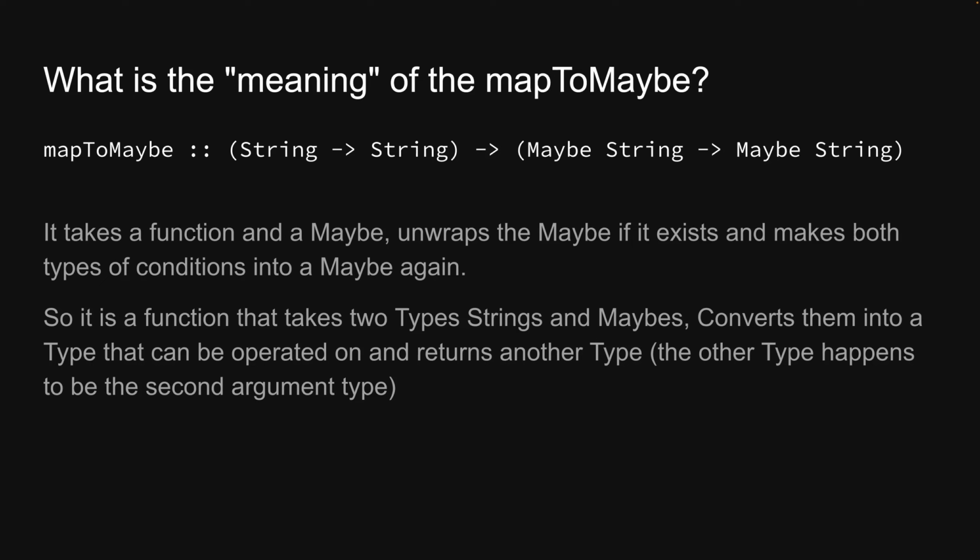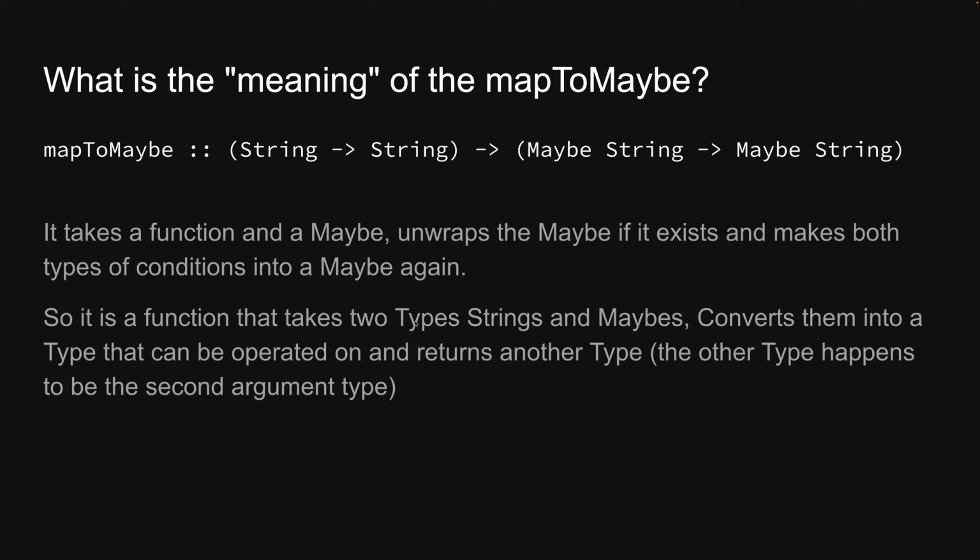It's a function that takes two types, strings and maybes, converts them into another type, which is just strings, but then returns the third type, which is actually the second type here, a maybe. So both the second type and the third type are the same.